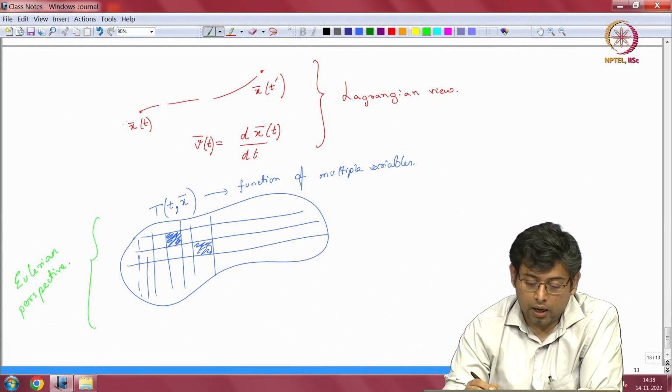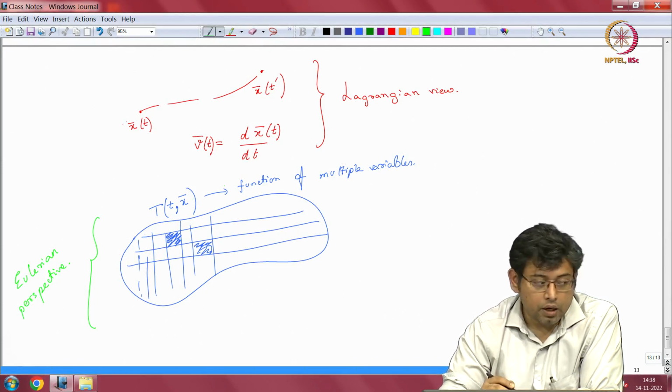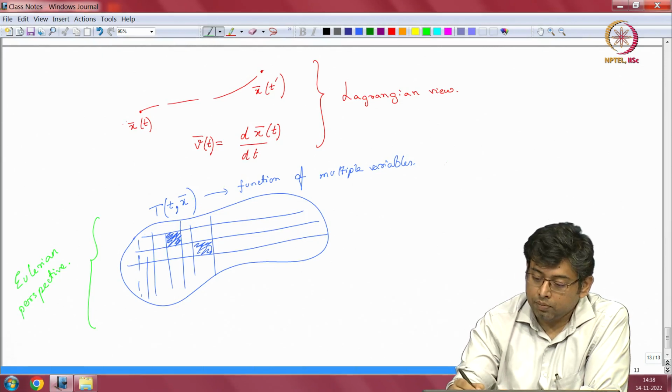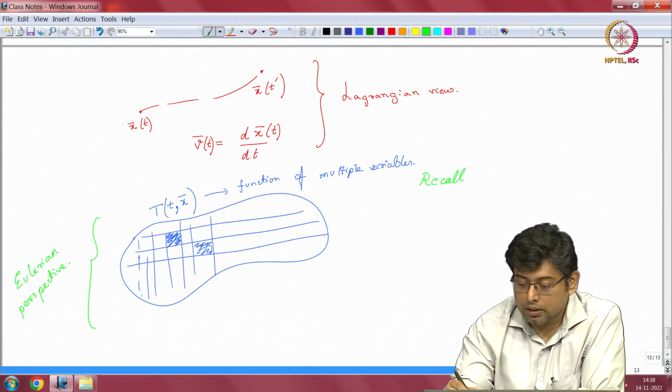So now, if I want to take the derivative of my variable temperature here, it's not going to be as simple as the previous case, because now you have a function of multiple variables, you have to apply multivariable calculus. Now, recall, I am going to use a result from calculus.